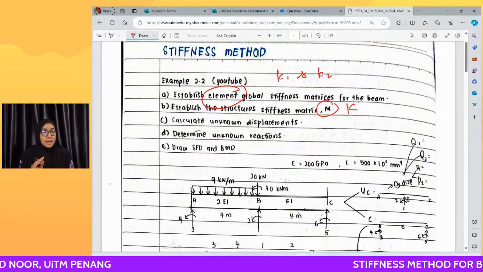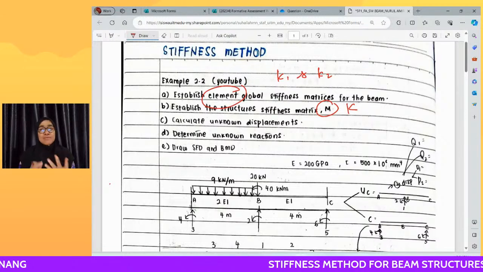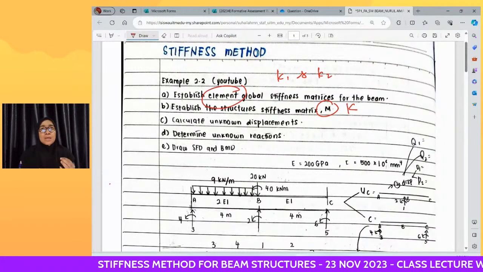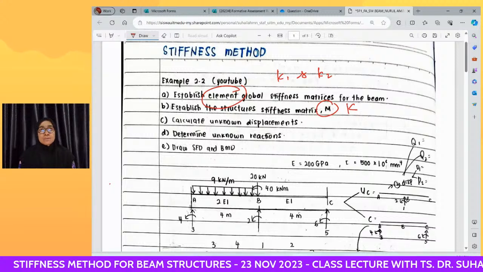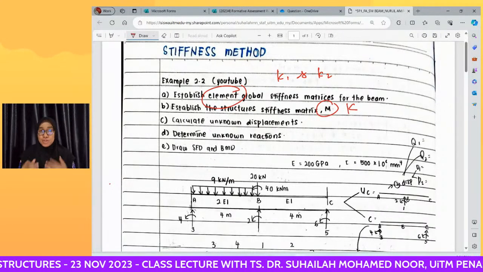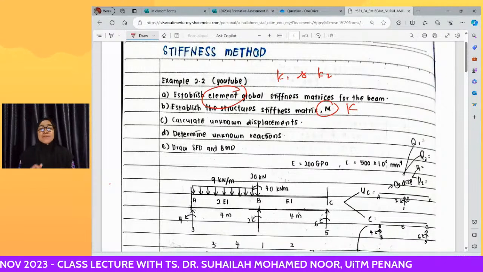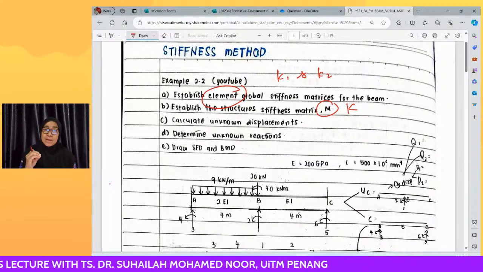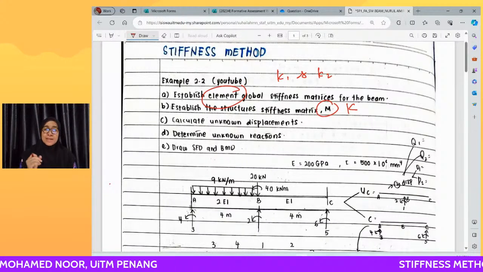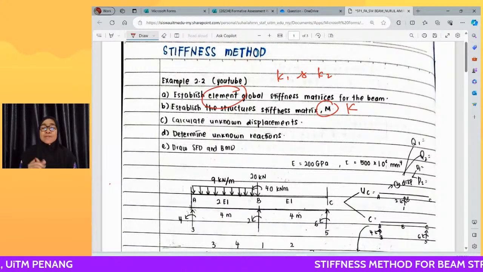After that, from the stiffness matrix, we produce the stiffness equation, because we can only solve the unknown displacement and unknown reaction using the stiffness equation.